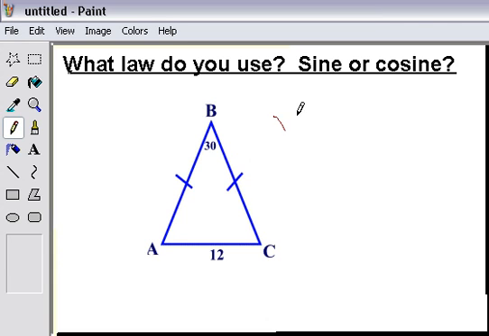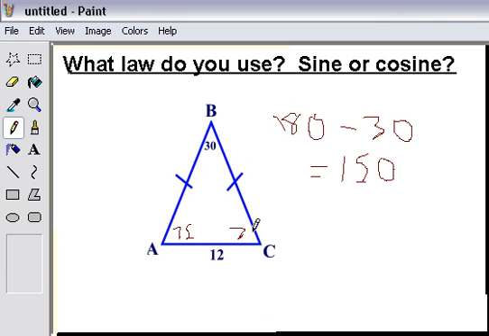So if we take 180 and subtract 30 degrees, like so, what we get is 150. Okay, so half of 150 equals 75. So that means each one of these angles is 75 degrees.